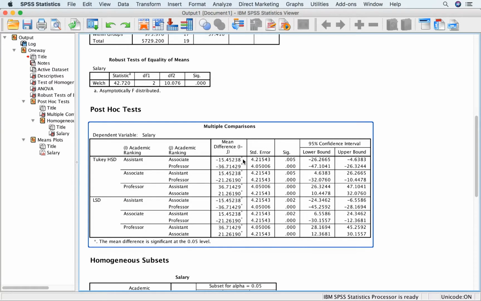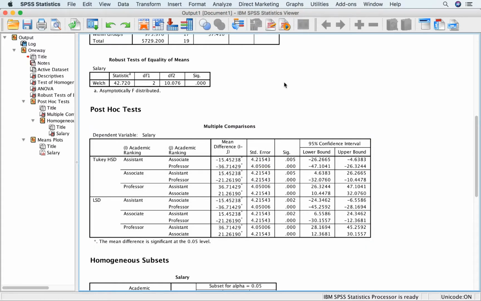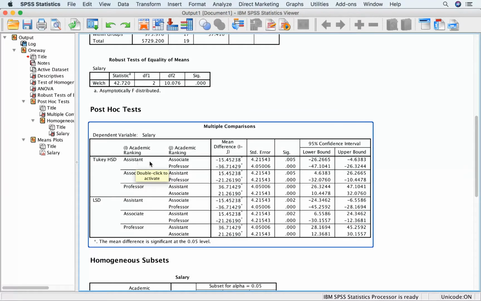And if you see an asterisk by the I minus J number, then that means there is a significant difference between those 2 groups. For example, I'm comparing assistant professor to associate professor in terms of their salaries, and their mean difference is negative 15, and that's significant.